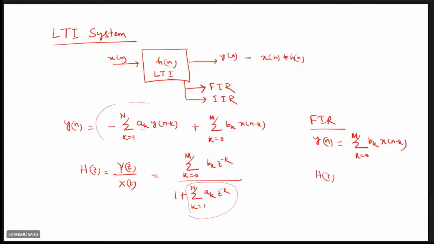Or in the Z domain, we write this as summation k equal to 0 to M b k z to the power minus k, right? We write in this fashion.